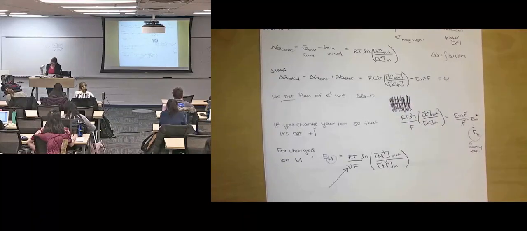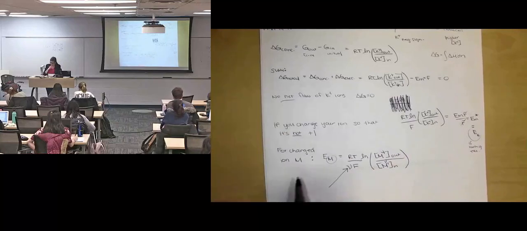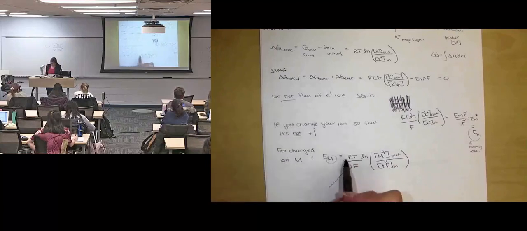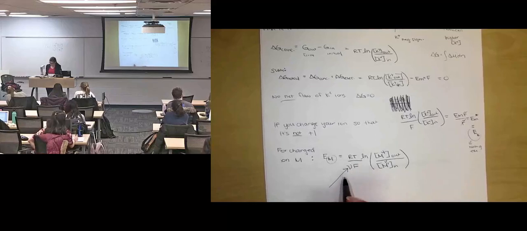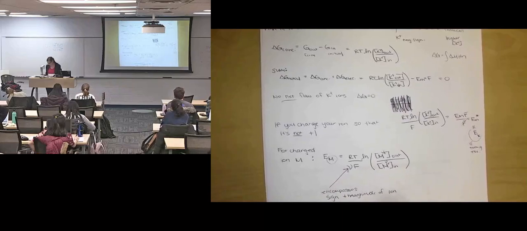First of all, what was wrong on your equation sheet is there was a negative sign in this equation that shouldn't be there. So remove that. There shouldn't be a negative sign here, because what this nu encompasses now is the sign and magnitude of your ion, meaning if it's Ca2+, this is equal to 2+ now.